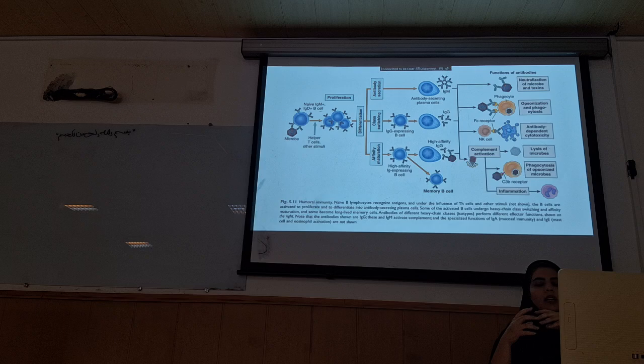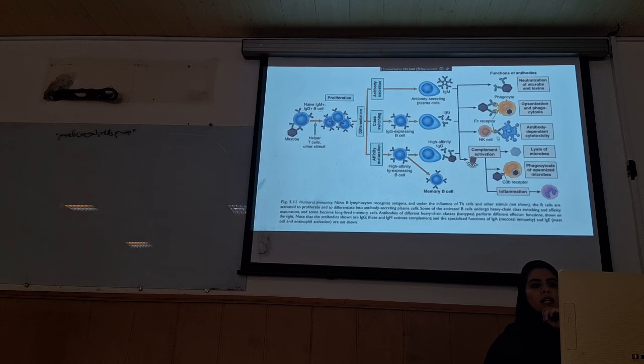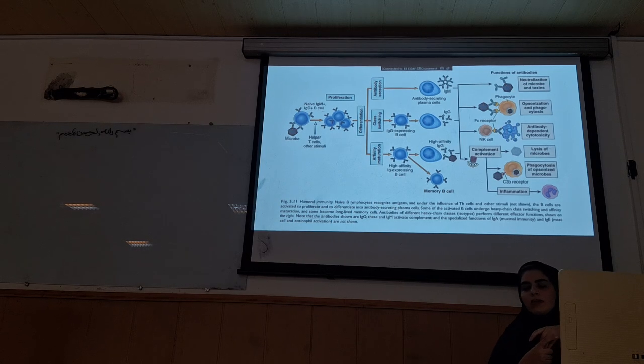Okay? And we have antibody-dependent cytotoxicity. For example, some of the antibody attached to the surface of the microbes, and some NK cells may have action here. And we have complement activation.